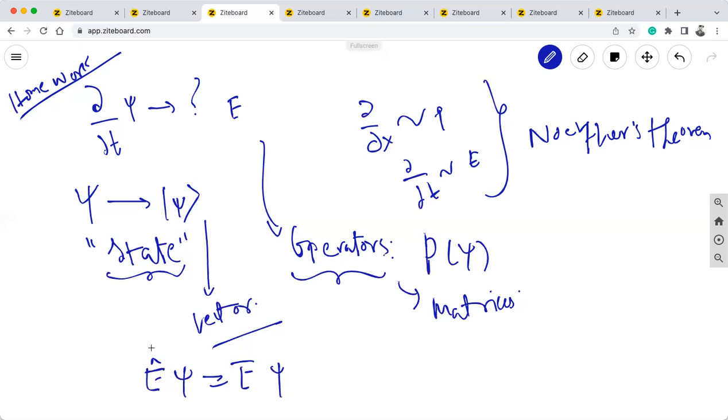So you can consider this E hat as a matrix of some dimension, say n cross n, acting on a vector, say n cross 1, and it will return another vector of n cross 1.